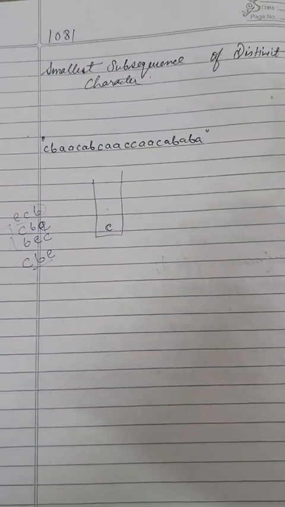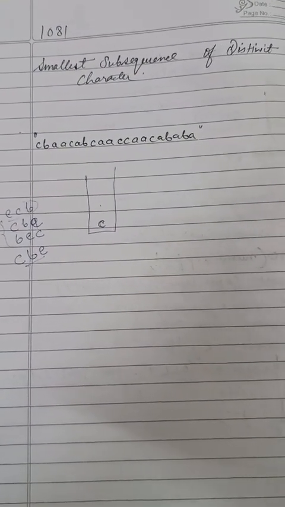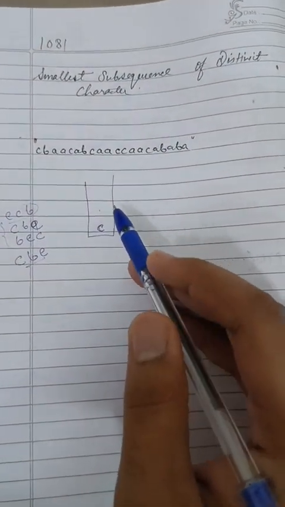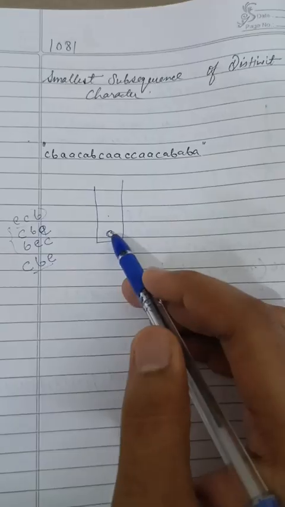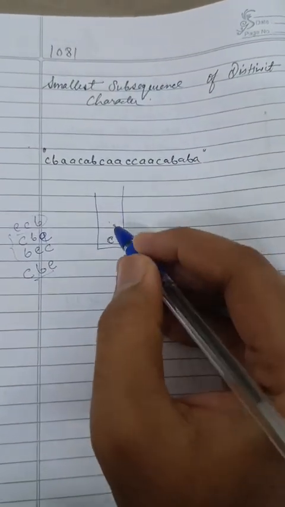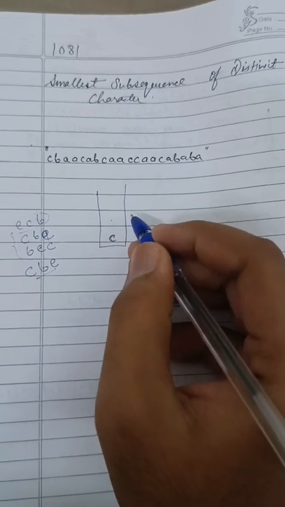So let's talk about the conditions on what ground we have to insert the B. Maybe the topmost element of the stack will be larger than the present element. Let's say I have inserted the character C into the stack.